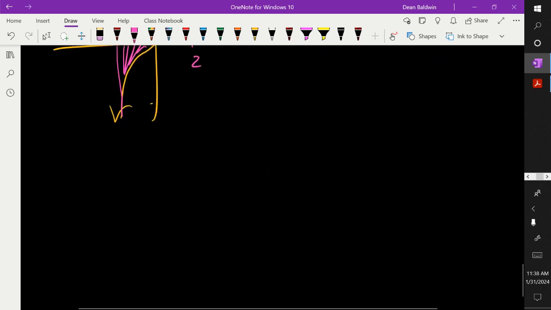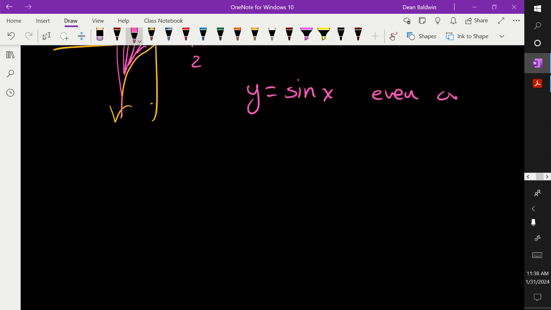Here's the question I'm asking you. Is y equal to sine of x even or odd? So what do you do if it's a trig function? You can do it graphically or you can do it algebraically. Which way do you want to do it? Algebraically?